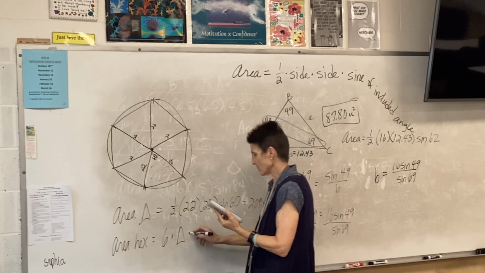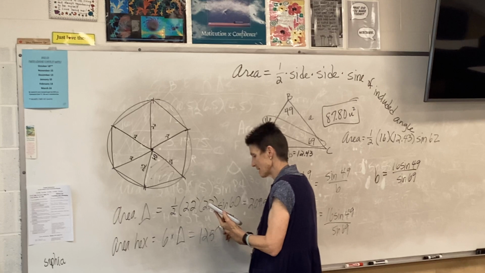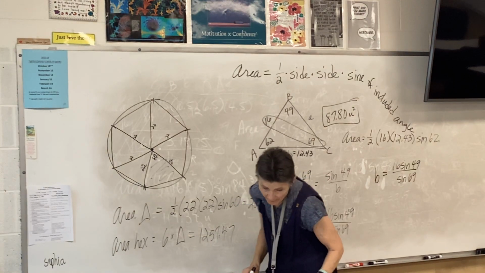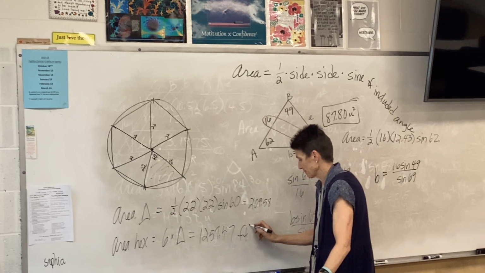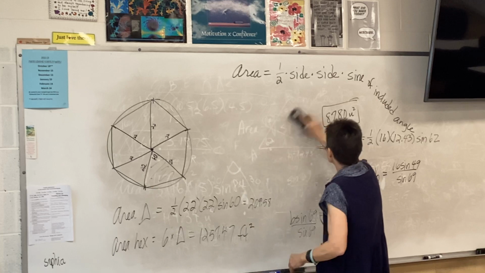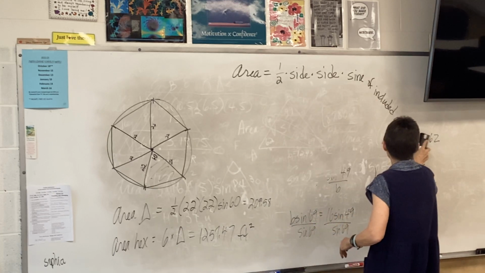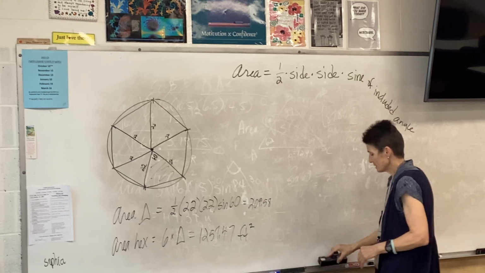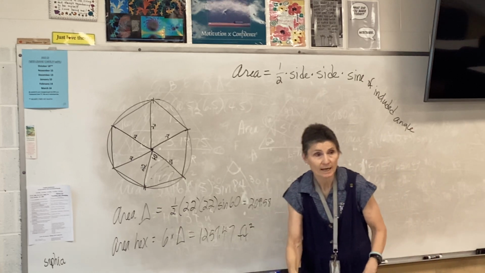So my answer is 1257.47 square feet. Area is 1/2 side times side times sine of included angle.